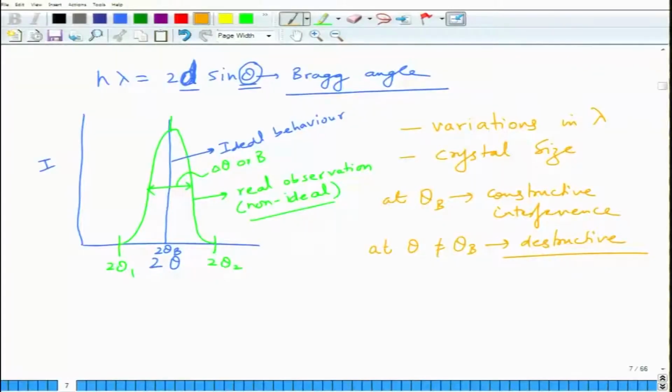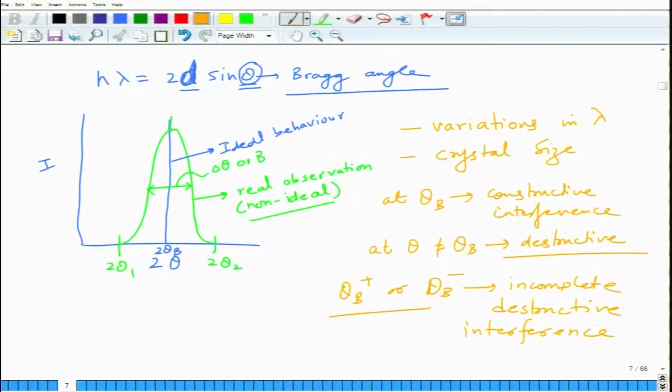As a result, you will get some finite intensity at theta values slightly off from theta b, at theta b plus or minus, from incomplete destructive interference, and this incomplete destructive interference increases as your crystal size decreases.